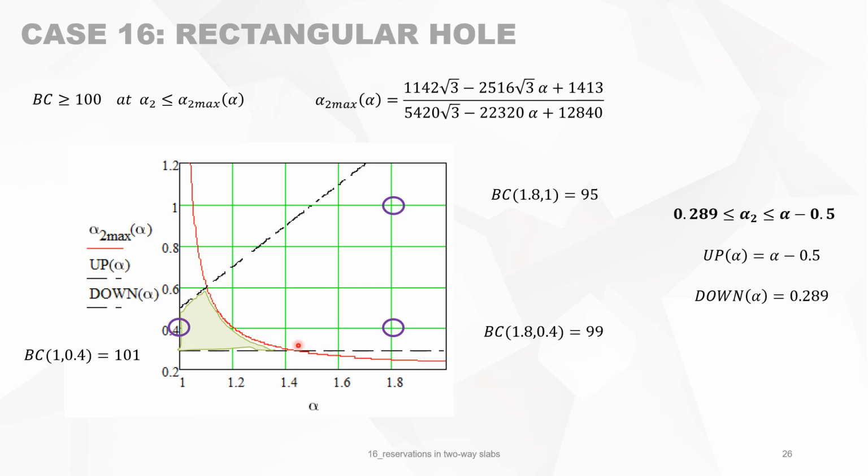So this means that in this area, you lose bearing capacity, you could avoid it. And in this area, you do not lose bearing capacity. So if you want to make a hole or a reservation of this type, you should work within this green region.